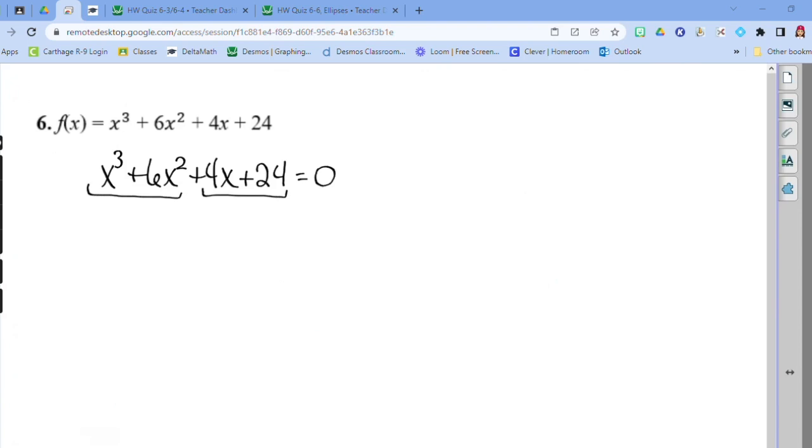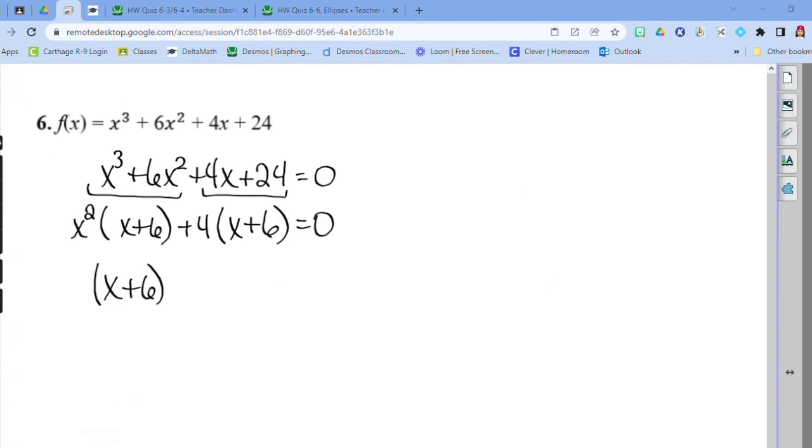On the first two, I'm going to factor out x squared, leaving me with x plus 6. On the next two, I'm going to factor out 4, also leaving me with x plus 6. I have x plus 6 and x squared plus 4.